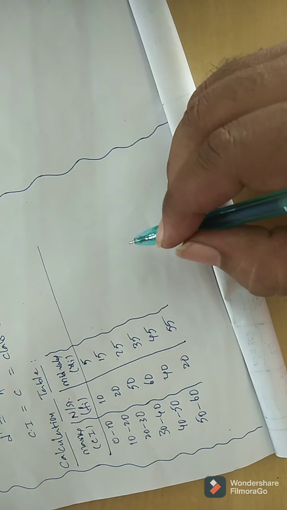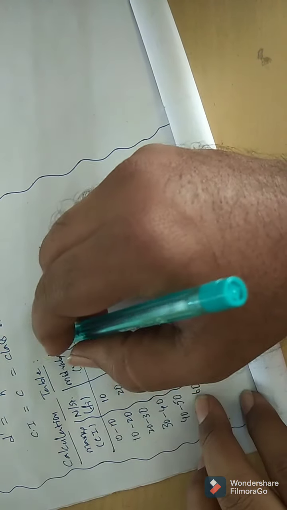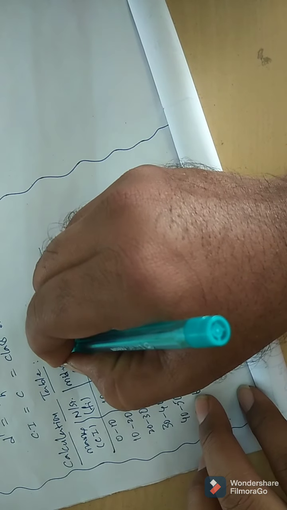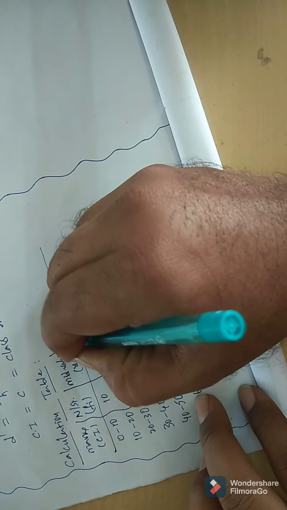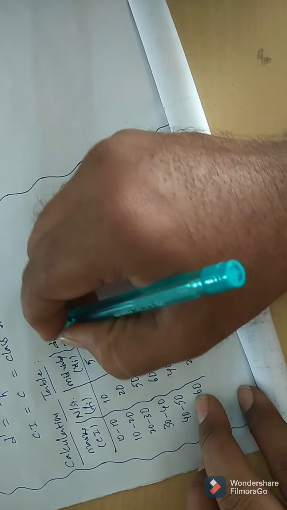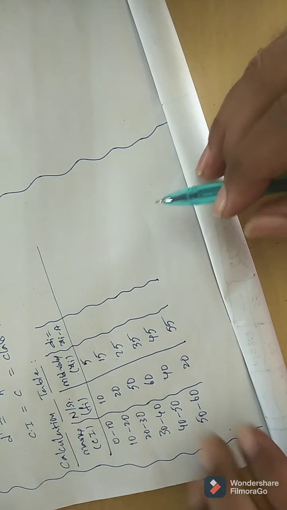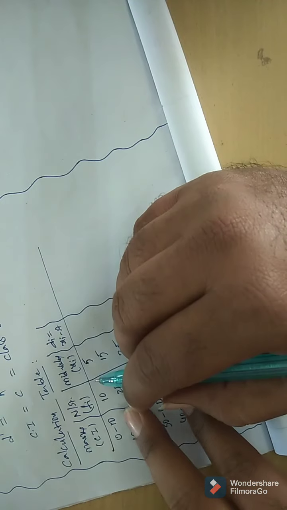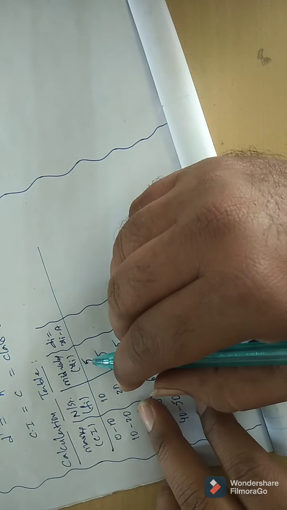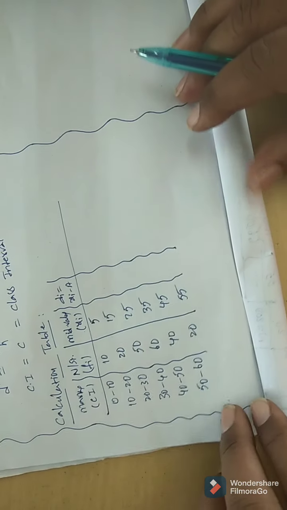So first, to avoid confusion, we calculate the di values, the deviations. How to get the di? Xi minus A. Directly going for d dash gives you confusion. Now here, what is the A?